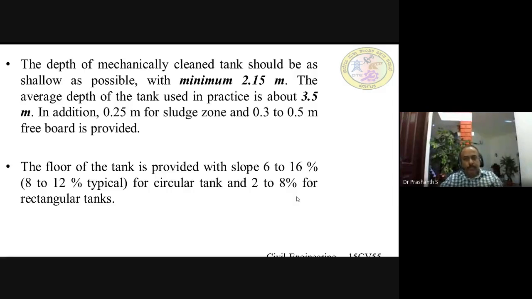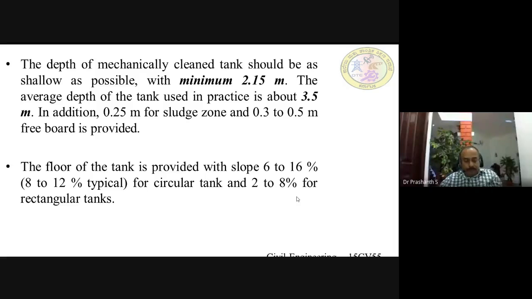In addition to the depth, we have to give space for the waste that is going to settle in the sedimentation tank. So 0.25 meter is given for the sludge zone, and a free board, so that the wastewater should not spill out of the tank. We give a free board of 0.3 to 0.5 meter. So the depth is minimum 2.15 to 3.5 meters, plus 0.25 for the sludge zone, and 0.3 to 0.5 meter for the free board.